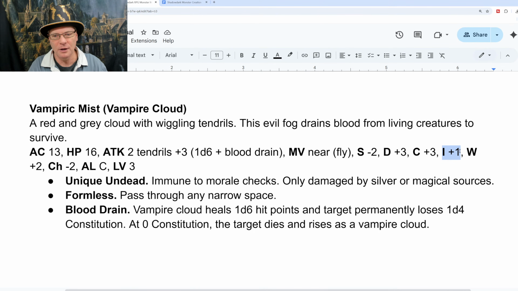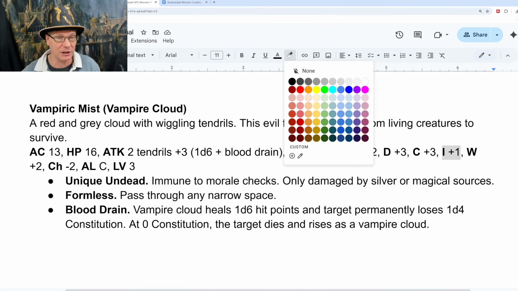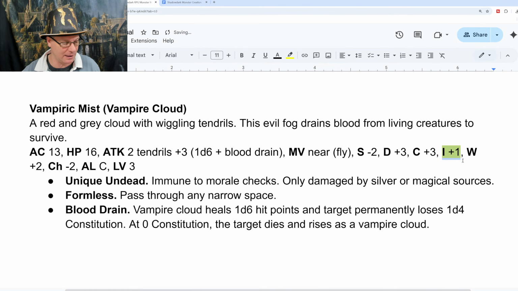So I have gone with the intelligence level of the vampire that's used in the Shadowdark core rulebook. I felt like they would still be more intelligent than, I guess, an average person, which would be a 0 modifier. Vampiric Mists tend to not have all the memories of their previous life necessarily. So this is one of those numbers that potentially could change, so we'll put a yellow mark there.